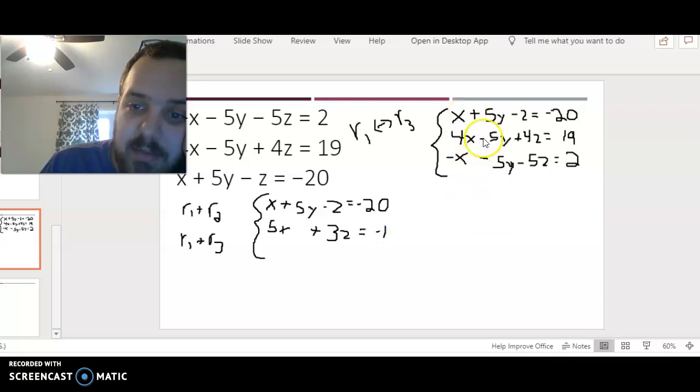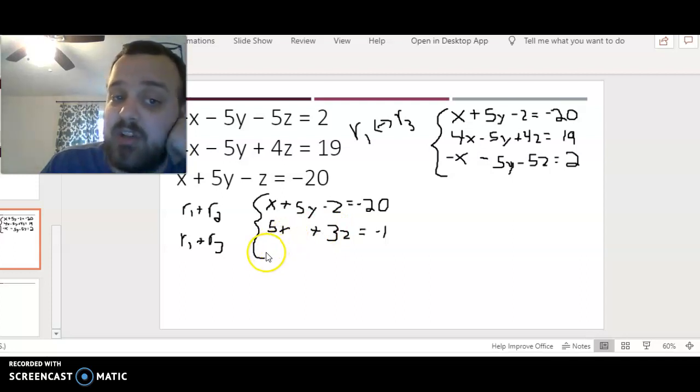Then I'll do the same thing: I'll add this first row to this last row. x and negative x will be 0. Oh, that's kind of interesting. I actually got a 2 for 1 in this situation, where the x cancels out as well as the y. That's going to be very favorable for us in a moment. Negative z and minus 5z, add those together, I get negative 6z. And then negative 20 and 2 will be negative 18.